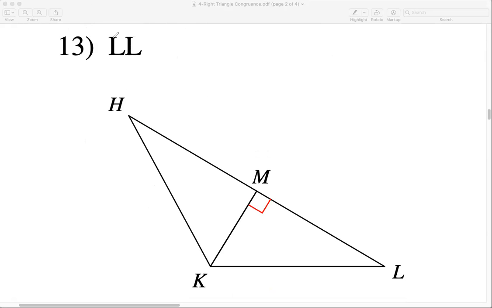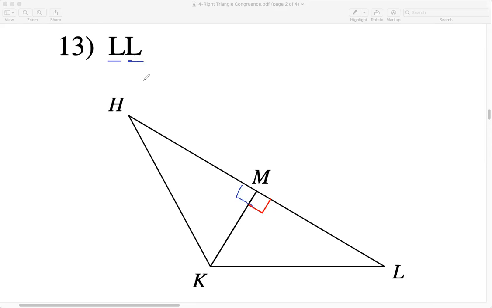So let's solve. Using the leg-leg theorem, let's determine the part missing for these two triangles to be congruent. Let's check whether these two triangles are right because of this notation or label. We have angle, angle. There are no labels on the sides, but it says here leg-leg.